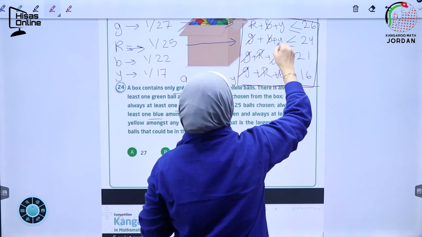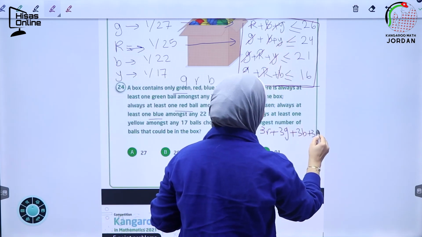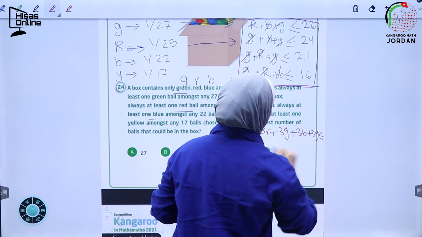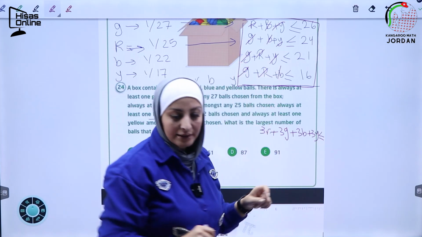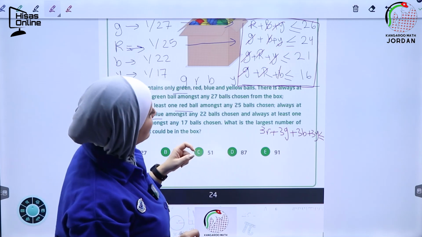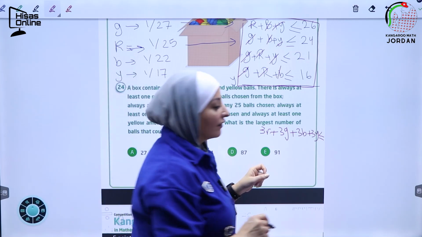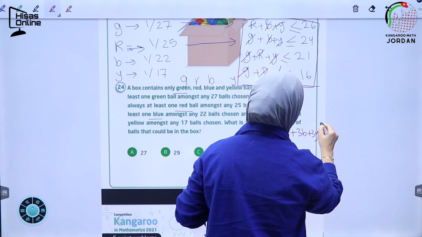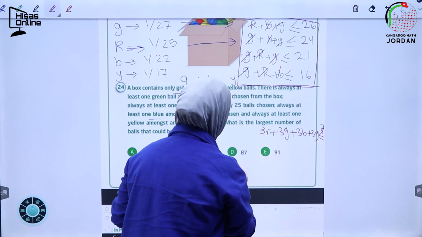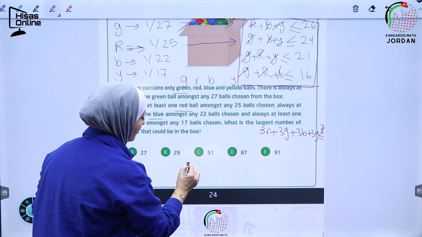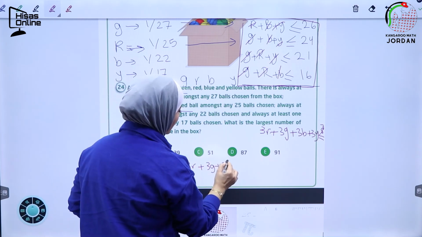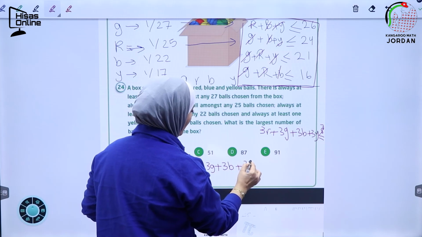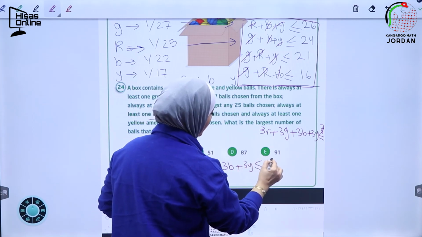And also plus 3Y, less than or equal to 26 plus 24 plus 21 plus 16, that will give us 87. So my inequality, I will rewrite it here: 3R plus 3G plus 3B plus 3Y less than or equal to 87.